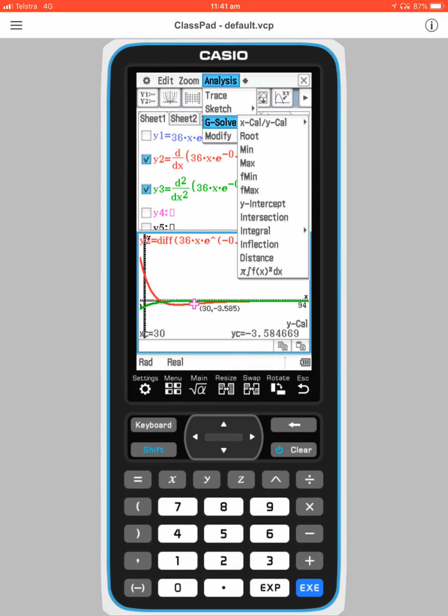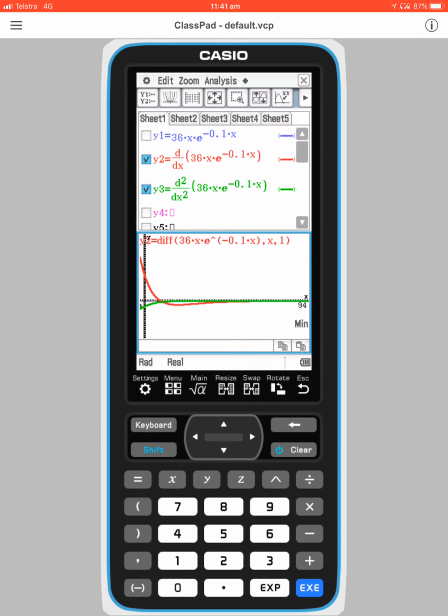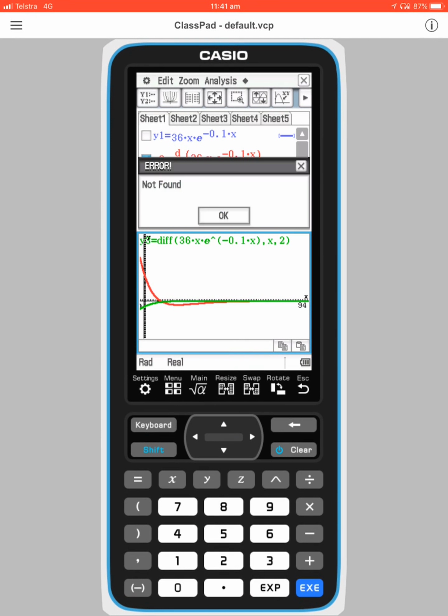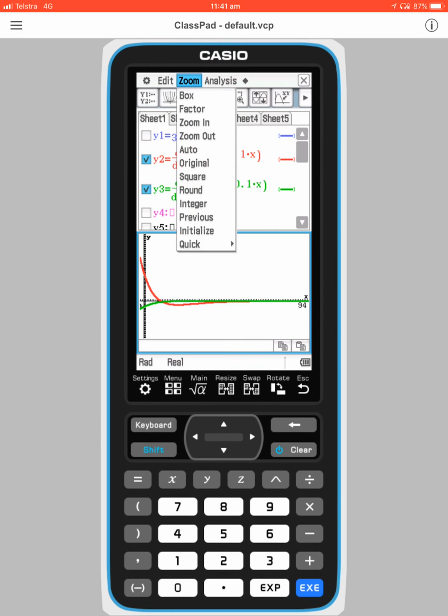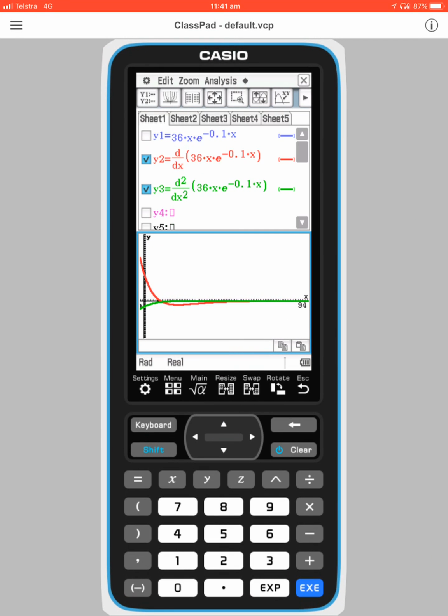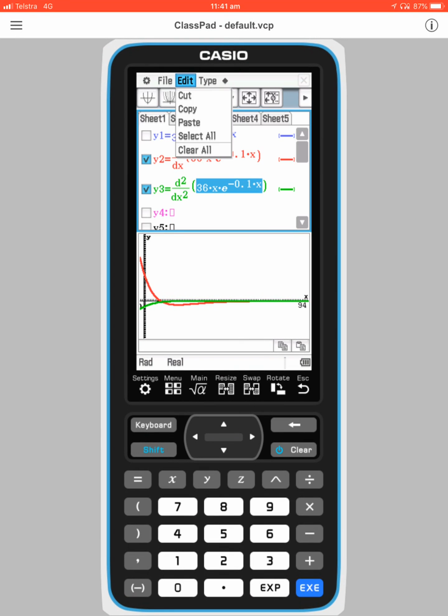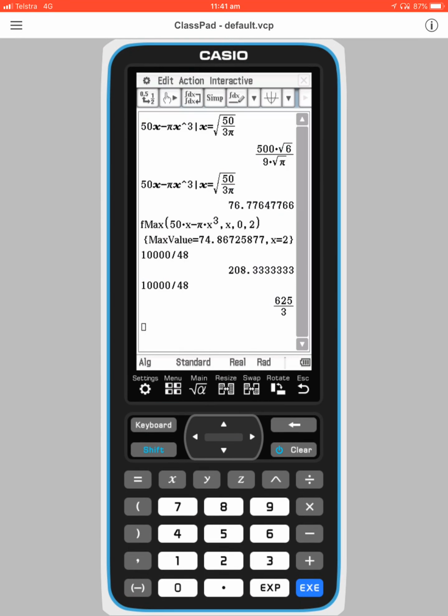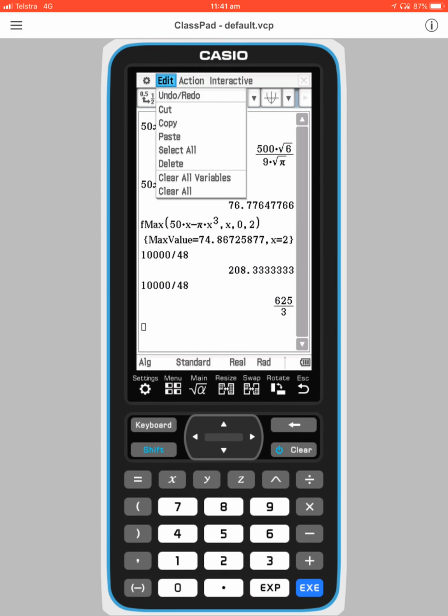And then your other point, analysis, G-solve, min of the green graph. There is no minimum. We can go out to here, paste it.